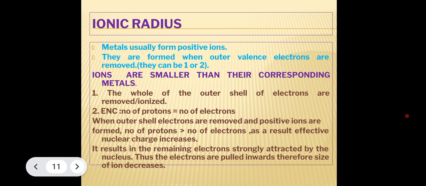So the nuclear charge will be more, and when the nuclear charge is more, it can hold all the electrons towards itself. That's the reason why the size of the atom is less. That's why for cations, the ionic radius is smaller than the atomic radius, as we already saw in sodium.